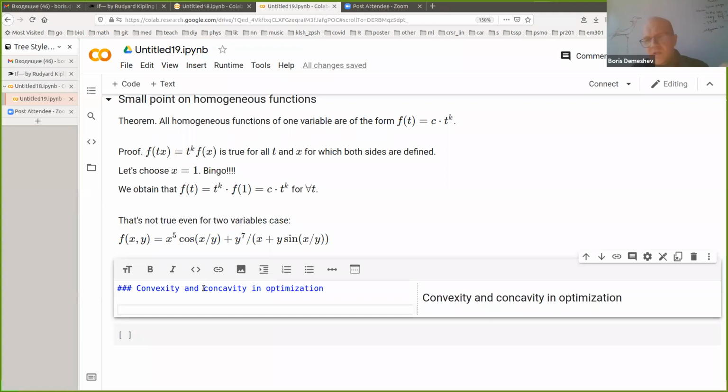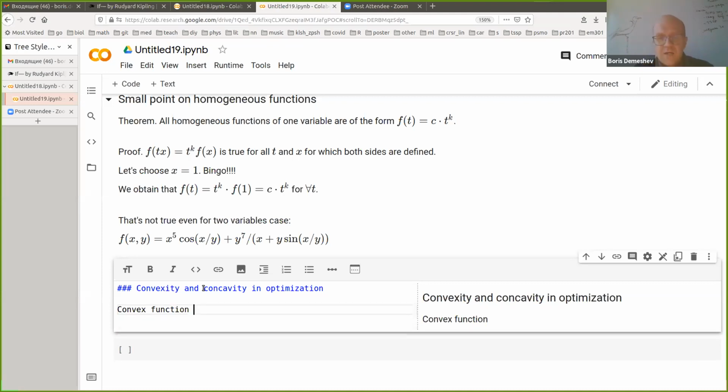So let's recall the definition. I will work with a convex function.